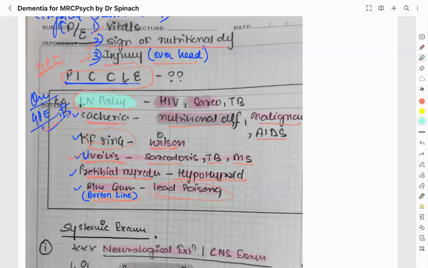Yeah. Lung palsy, not lung palsy. I was wondering if it is lymphadenopathy, because lymphadenopathy will be seen in everything. In sarcoidosis there will be deposits, in HIV, in TB. Yeah, you're right, it might be lymph node palpation.